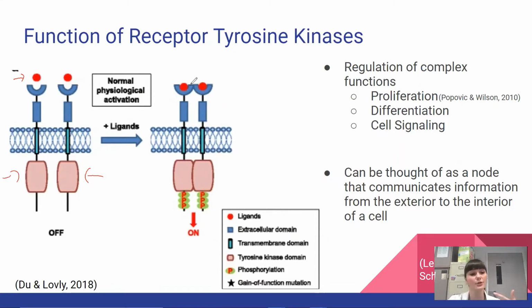But once those ligands bind to the extracellular portion, that causes that dimerization, the meeting of the two molecules together. As a result, these portions down here, the tyrosine kinase portions, get brought together and they get phosphorylated.